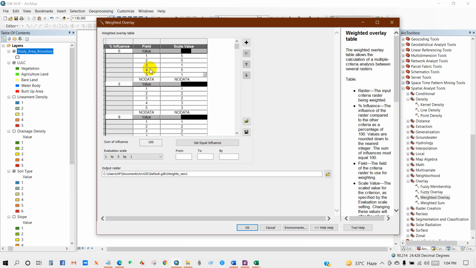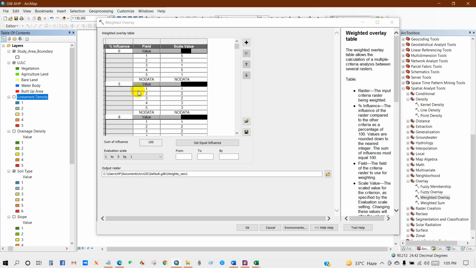And second factor is lineament density. For lineament density, areas with very high lineament density have good groundwater potentiality, and I will assign higher rank due to good porosity and infiltration.